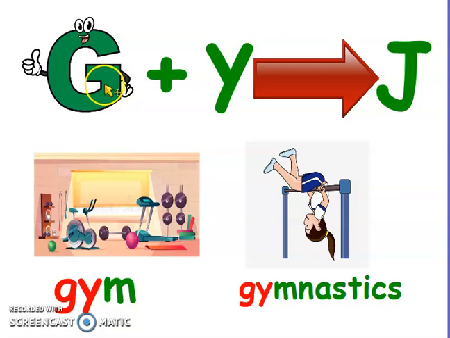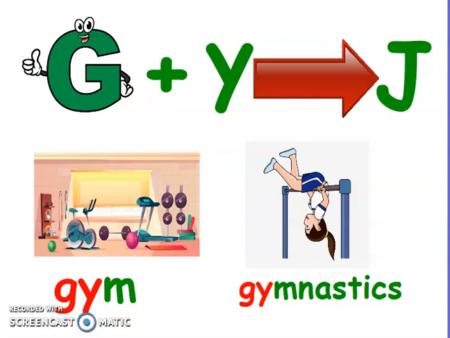Number 3. If we have letter Y after letter G, it's also pronounced J, as in gymnastics. So again, my students, letter G makes the J sound in 3 cases.